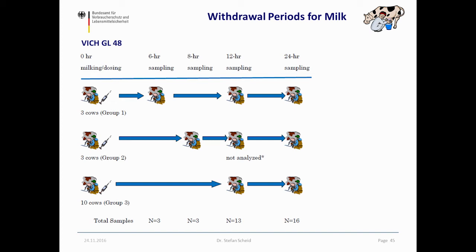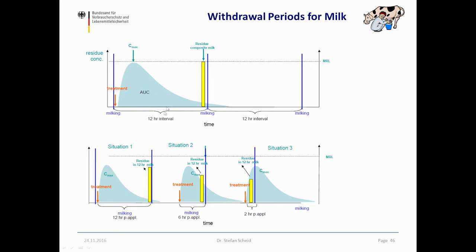Yes, sorry, Stefan. I agree totally that the important time is 12 hours after the administration, because it would contain all the residue, the highest amount. And that's why we have 10 animal samples at that time point.